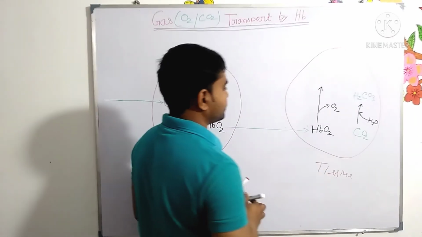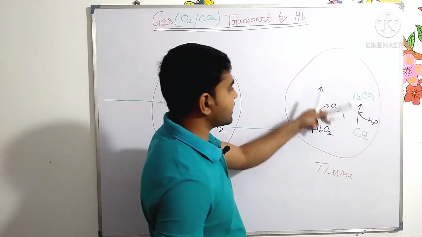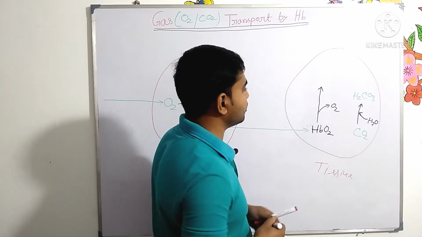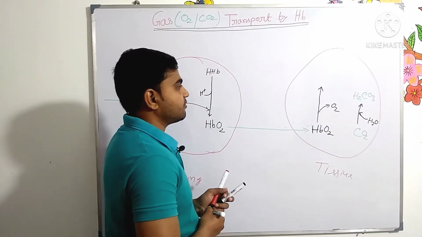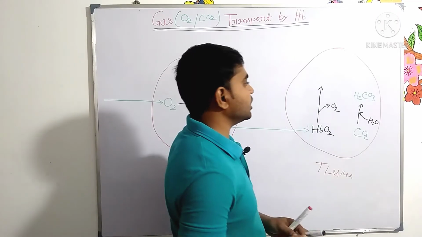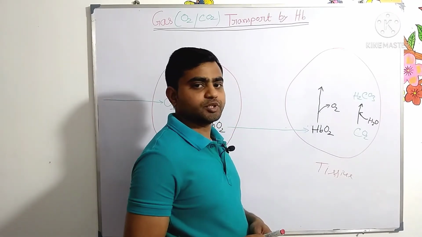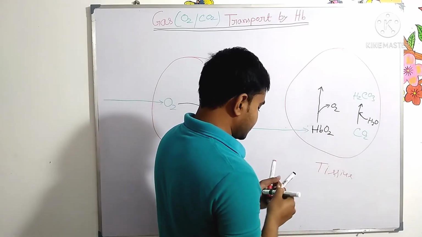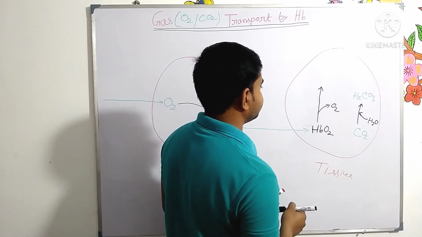All of this happens in the tissue. This carbon dioxide with one molecule of water forms the molecule H2CO3. This H2CO3 releases one hydrogen ion.